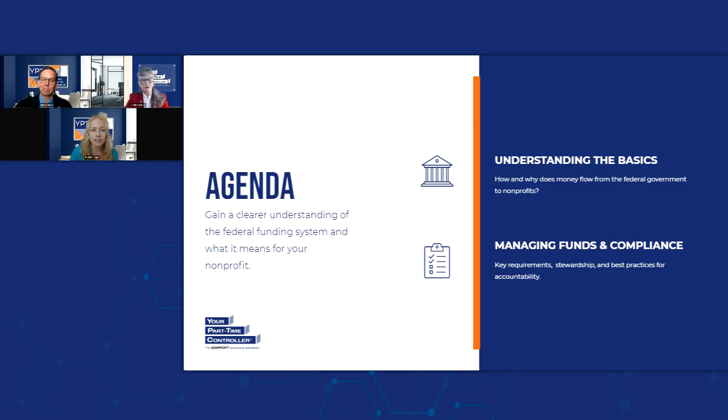As I mentioned earlier, this webinar is the first of our content series, Managing Through Uncertainty, which will be a collection of webinars, blogs, and other content in direct response to current events. That said, today's session is bringing it back to the basics. We will be pulling back the veil, so to speak, on a very impactful yet widely misunderstood aspect of American society, the nonprofit sector. The first half of our conversation will explain how and why the government makes awards to nonprofits.